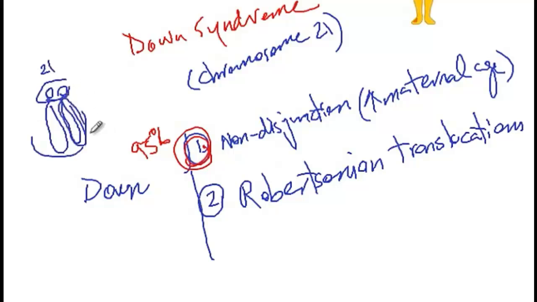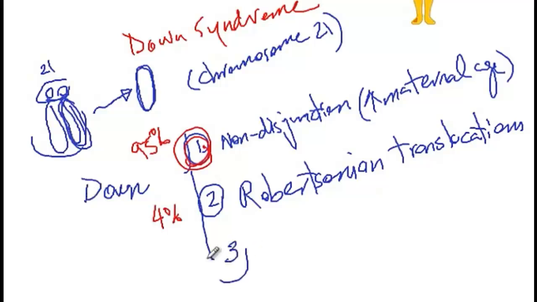So if one of these long arms gets detached and attaches to a different chromosome, and then later on during cell division that chromosome is transmitted to the new individual, these new individuals will develop Down syndrome because they will have triple copies of chromosome 21. And this phenomenon is referred to as Robertsonian translocation, and it accounts for 4% of the cases of Down syndrome.